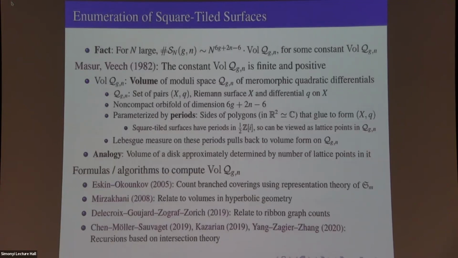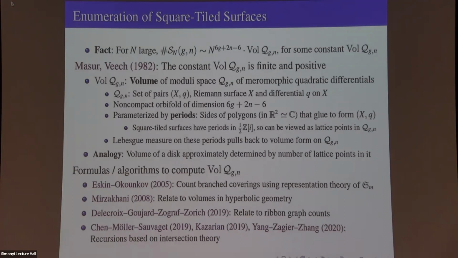Right. So let me first focus on the enumeration question, where I just want to count the size of this S_N(g, n). It's a fact that goes many years back that for N large, so I'm taking capital N to infinity first, the size of S_N(g, n) scales like capital N to the exponent 6g + 2n - 6, which is a certain dimension of a moduli space, times some constant Vol(Q_{g,n}), which some people refer to as the volume of a moduli space.